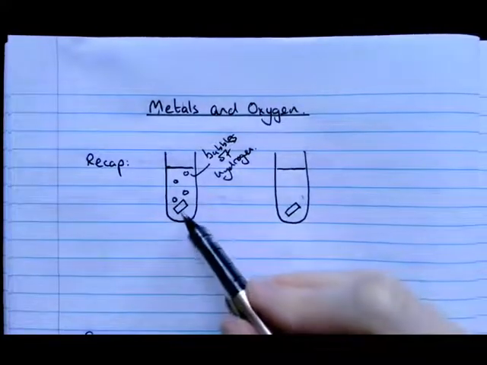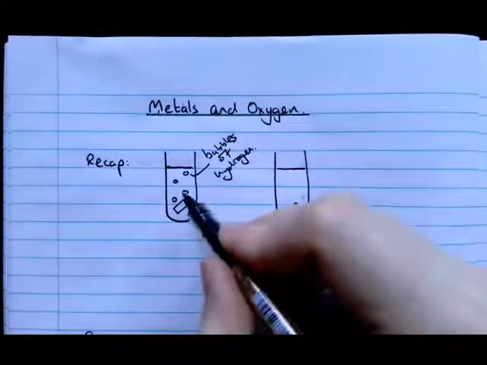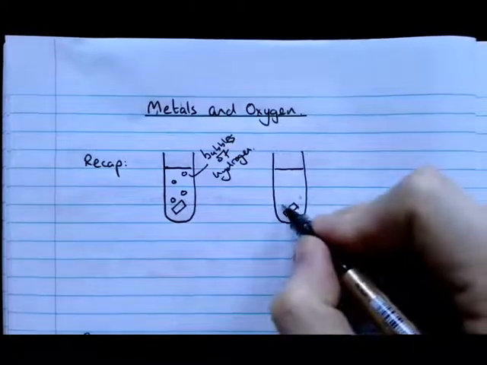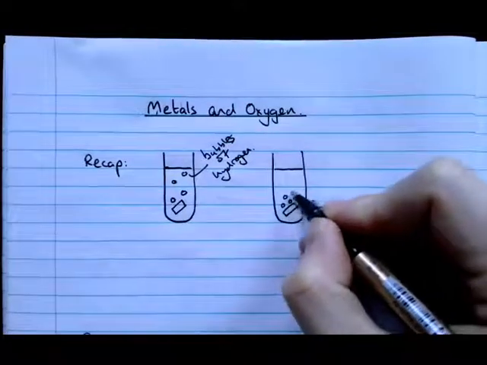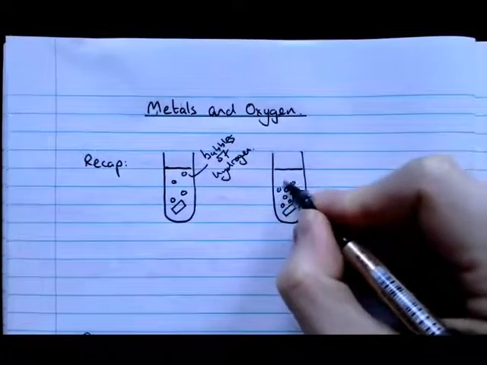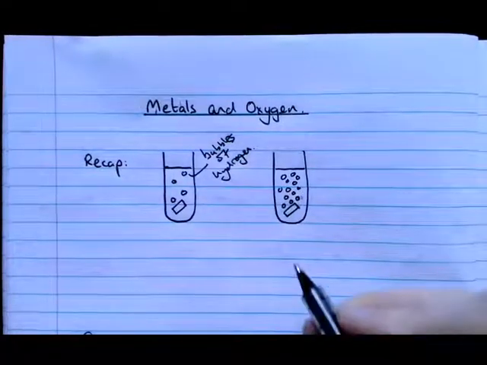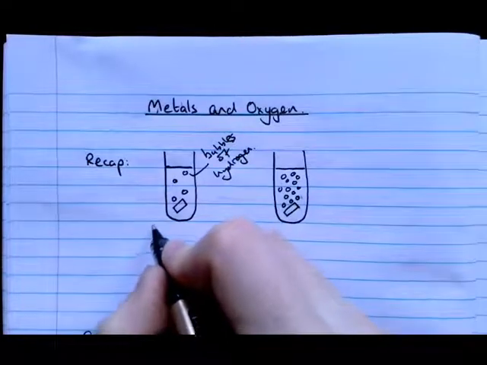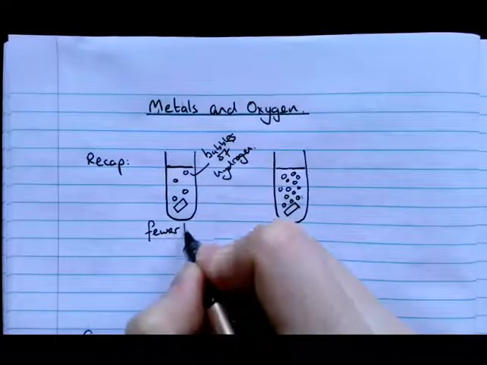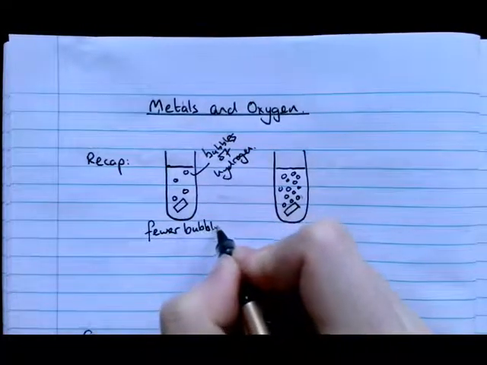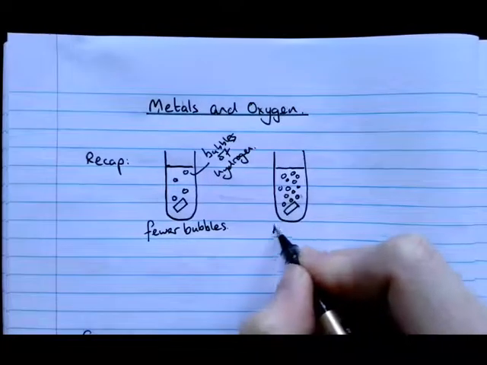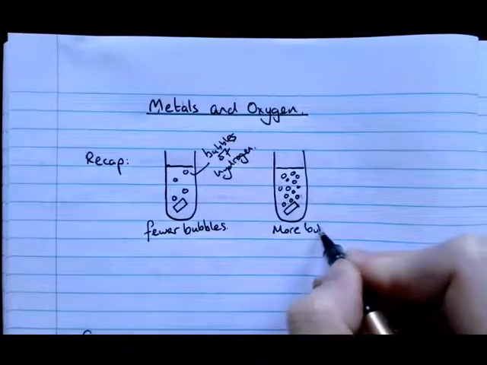Now, let's suppose that I've got two different metals. This is my first metal and this is my second metal. What's the difference? Well, we can see that this one over here has got fewer bubbles and this one over here has got more bubbles.